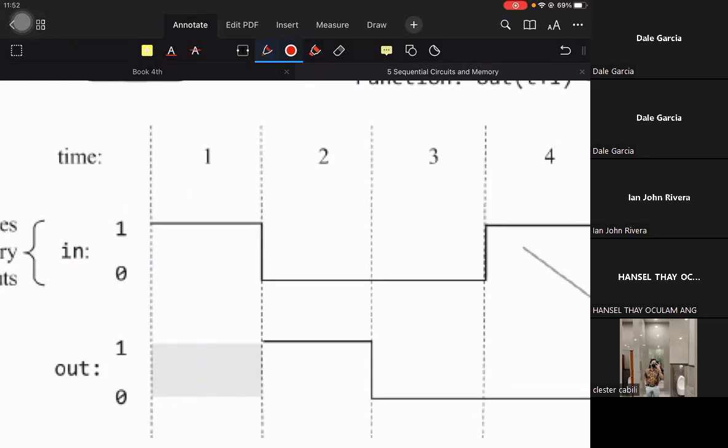It's either 1 or 0. That's why it is grayed out here. If it is high already, the output is of course low.